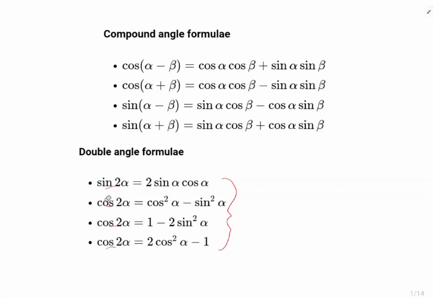And if you notice, for a double angle, it's one angle doubled by itself. So it is technically also a compound angle, but these two angles are the same angle. So we are essentially just adding them together to get 2A over here. So we rather just call it a double angle, and there are other formulas in which you can expand double angles, right? Which are these four formulas over here.